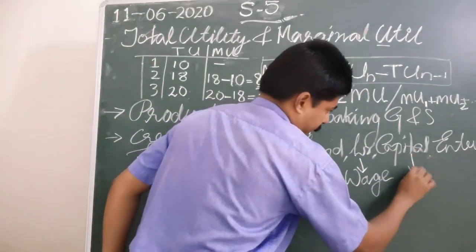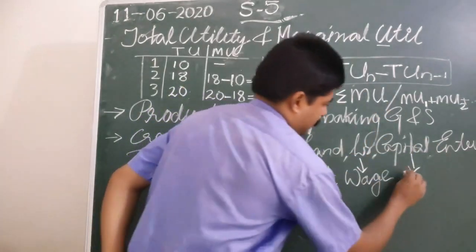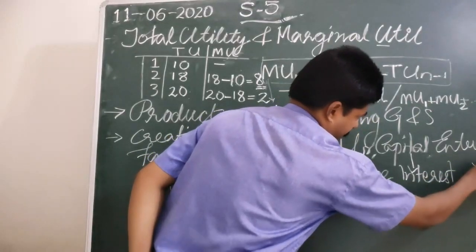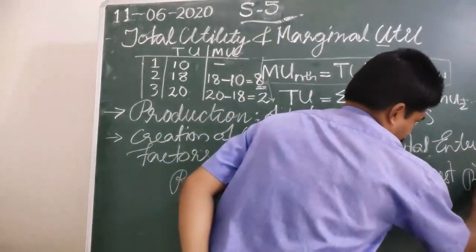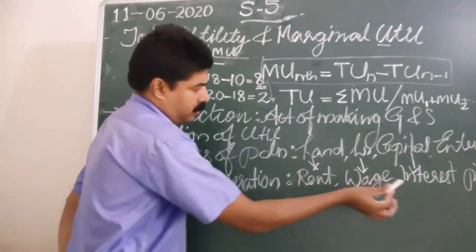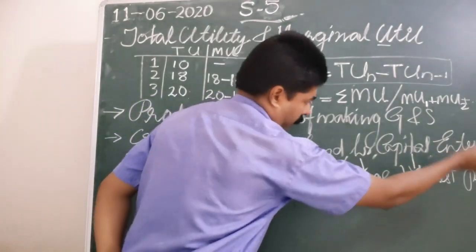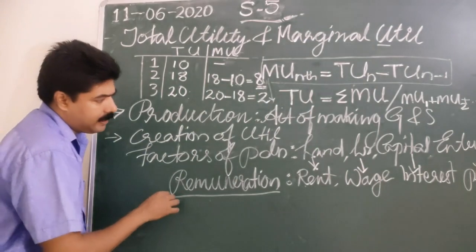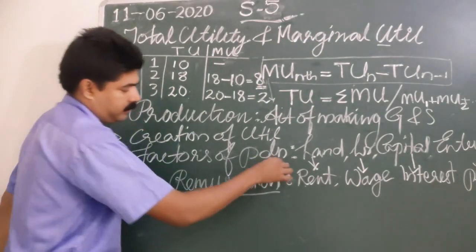Capital gets interest, and entrepreneur gets profit. So rent, wage, interest, profit: these are known as remunerations towards factors of production.